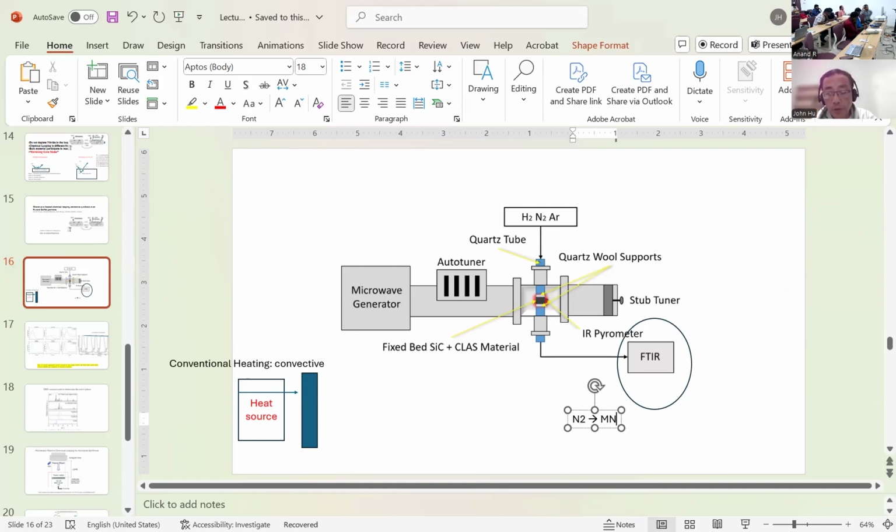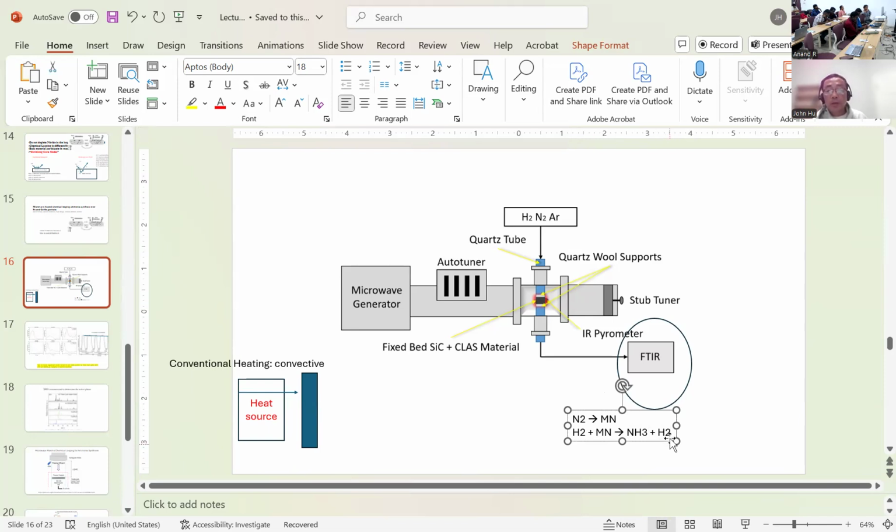Remember chemical looping: N2 becomes the metal nitride, all right? Then hydrogen comes in and reacts with the metal nitride. There is some unreacted hydrogen, remember? So this FTIR analyzes ammonia and hydrogen together.